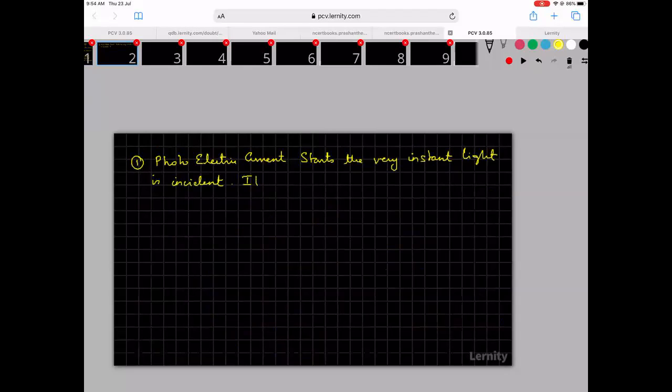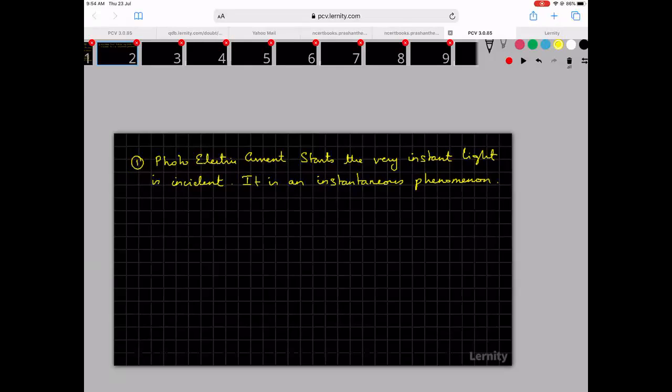That means it is an instantaneous phenomenon. So the moment light is hitting it, it is happening. It is an instantaneous phenomenon.